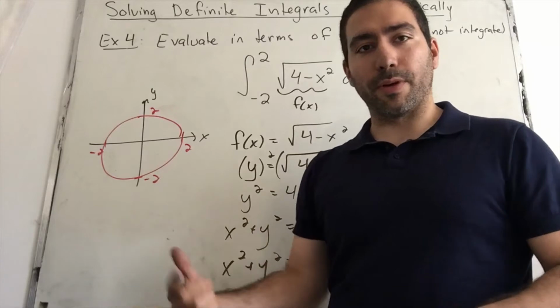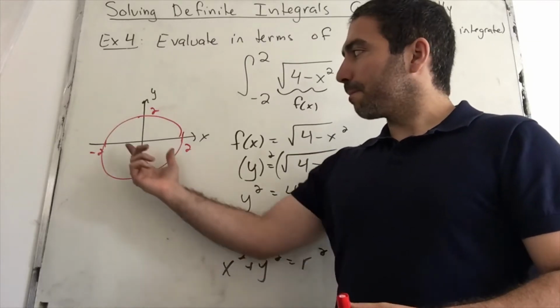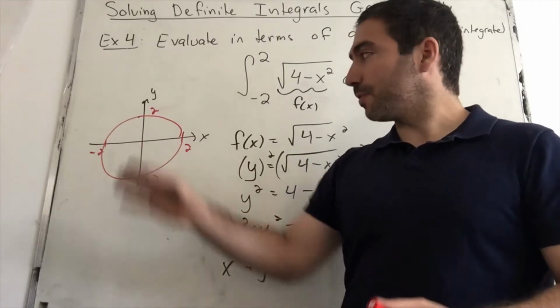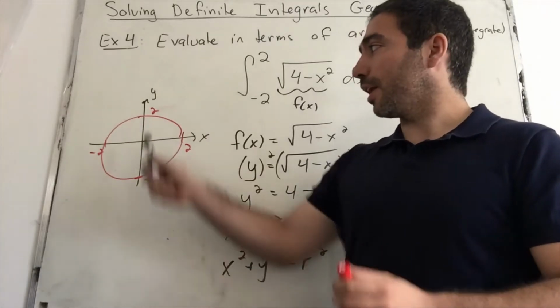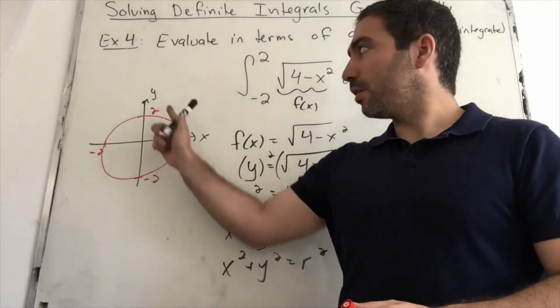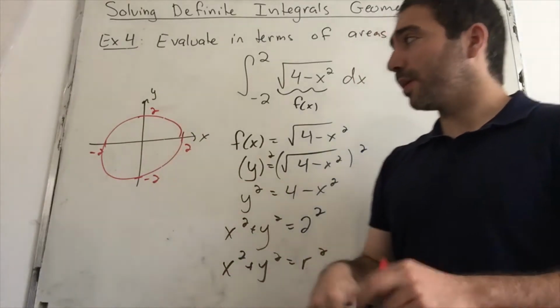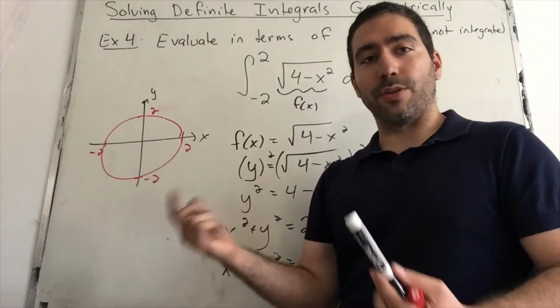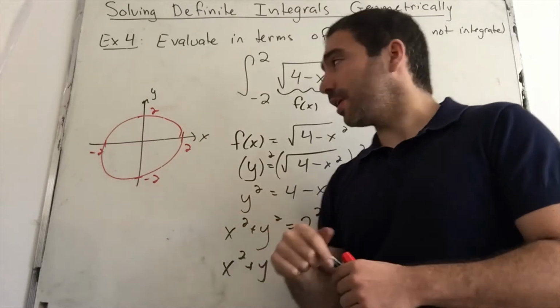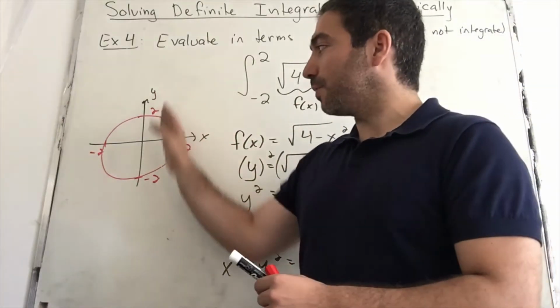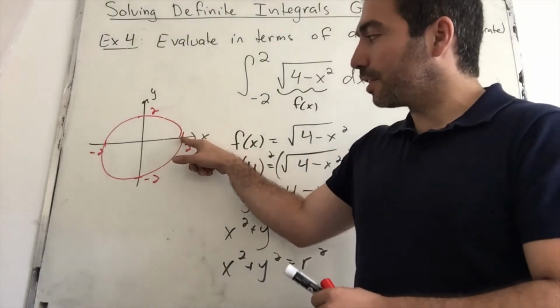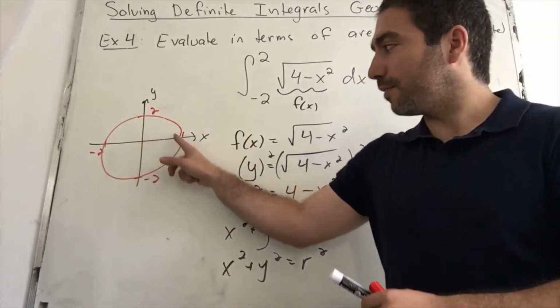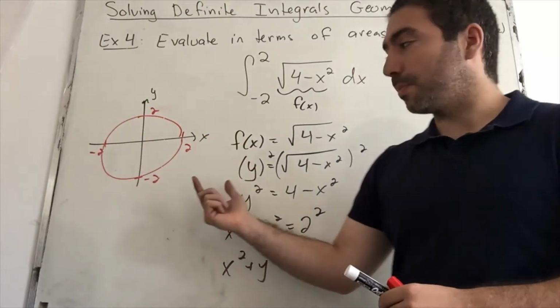But wait, we're dealing with functions. This isn't a function. This fails the vertical line test. If I draw a straight line here, it cuts through 2 points. So this is no longer a function. Why are we allowed to consider the circle? Well, the answer to that is that you can't. You can't deal with the entire circle. When you're dealing with this function, it has to pass the vertical line test, which means that we're either considering the top half of the circle or the bottom half of the circle, not both.